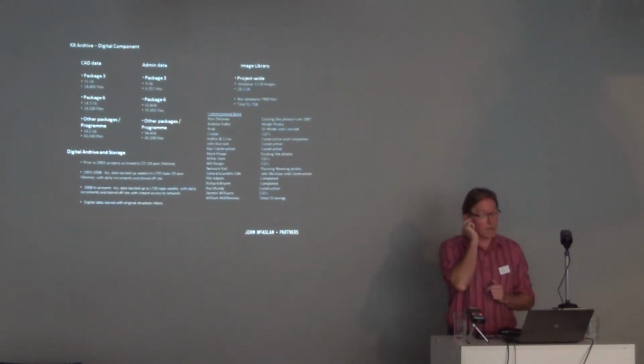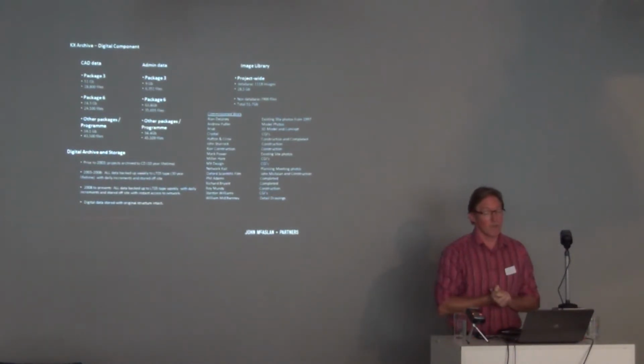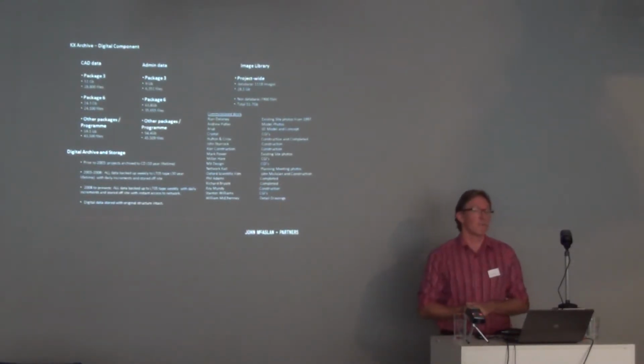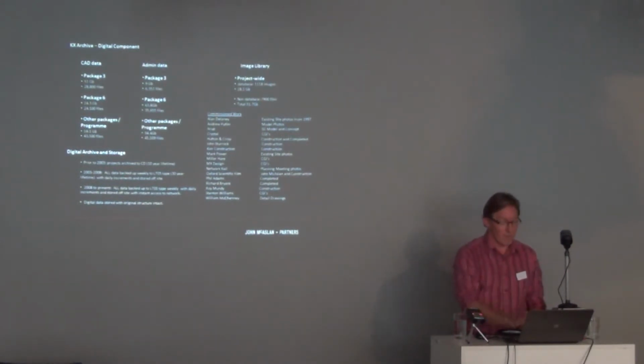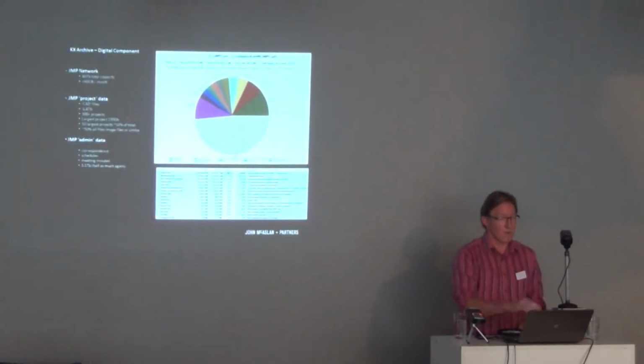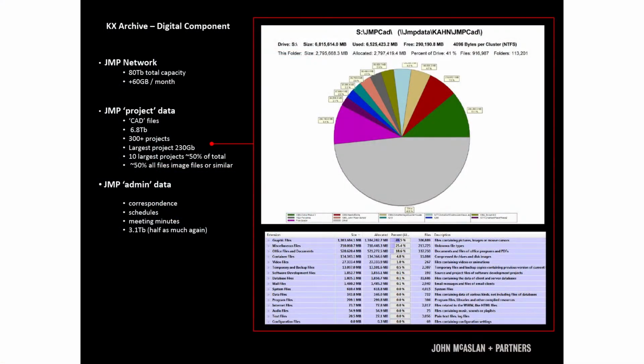However, that database only covers just over half of the total archive of known photographs that we've got on our network, which is probably about 51 gigabytes in total. So there's lots of stuff that we use and combine in our work into documents and into other forms that sits outside of our managed archiving component, if you like.